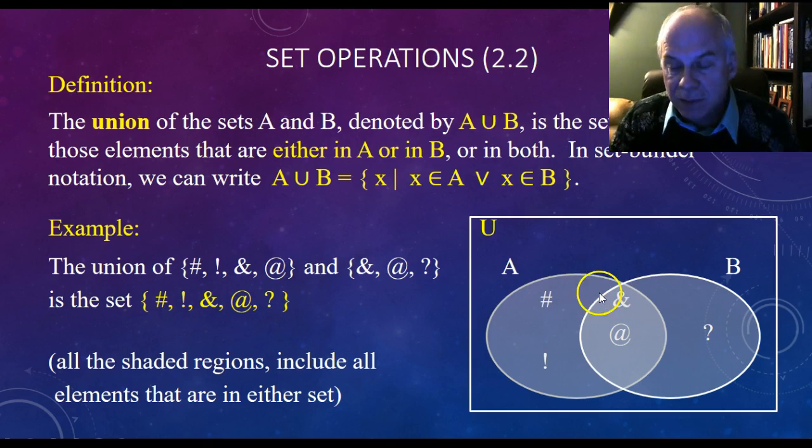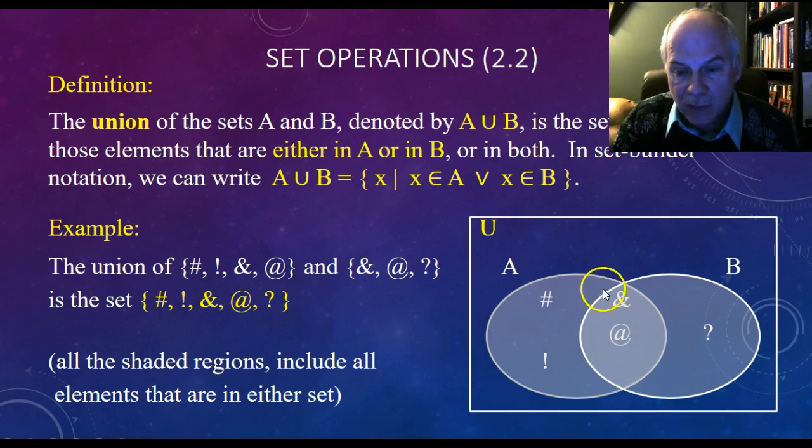Now, in this picture here, you have a Venn diagram that shows set A is this set with the number symbol and the exclamation point and the ampersand and the at symbol. So that's set A. And set B is this set with the ampersand and the at symbol and the question mark.